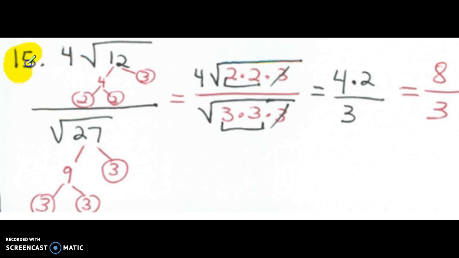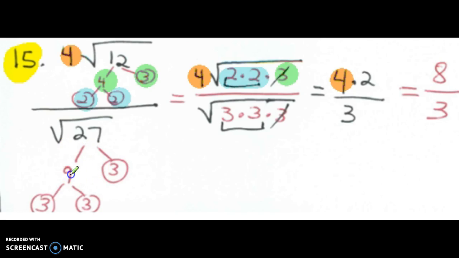In problem 15, I have 4 square root of 12 divided by the square root of 27. I am going to factor 12. I get 4 times 3, so I wrote the 3 right here. And I factor 4, 2, and 2. That's where these 2's come from. The 4 is not under the radical, so it stays not under the radical.